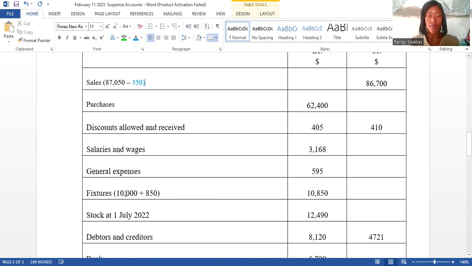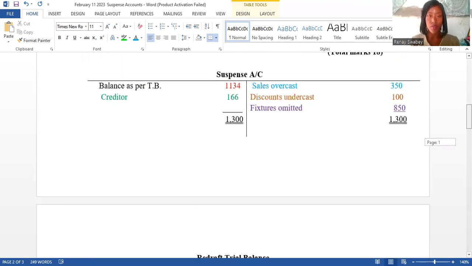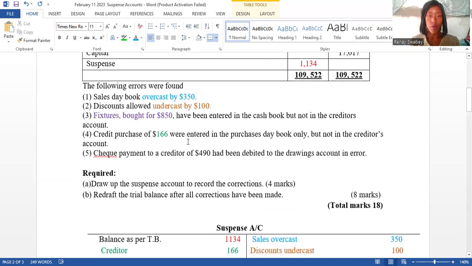When you do that on your calculator, you find that we get $10,850. As fixtures is an asset, it will maintain a debit balance. Therefore, it is recorded in the debit column of the trial balance that has been redrafted in order to correct the errors that were found. Good?